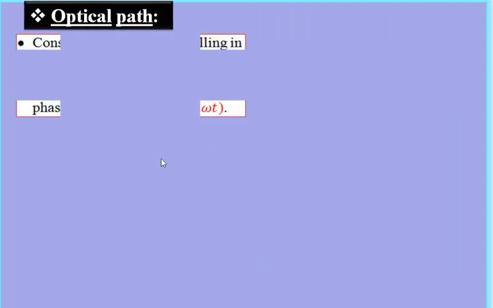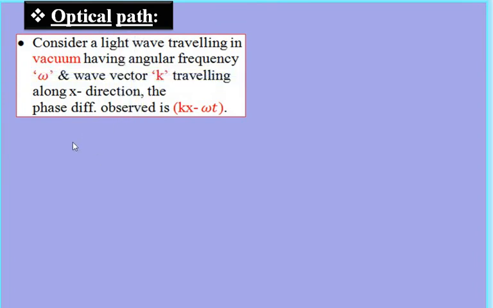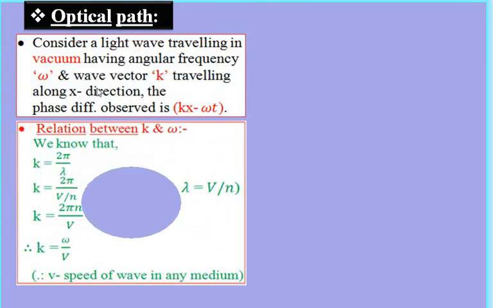As discussed in our syllabus, consider a light wave traveling in a vacuum having angular frequency omega and a wave vector k traveling along the x direction. The phase is kx minus omega t. Here k and omega are related quantities.